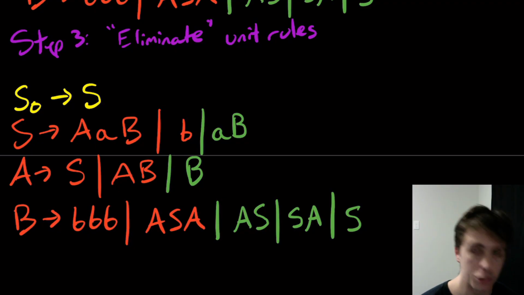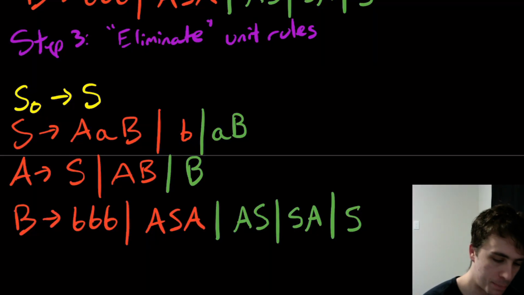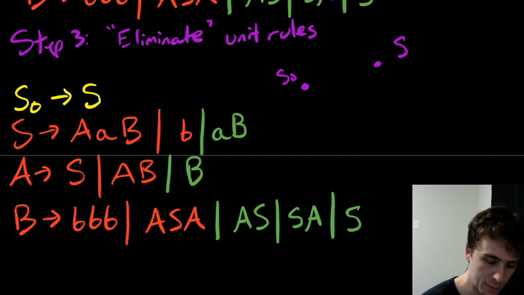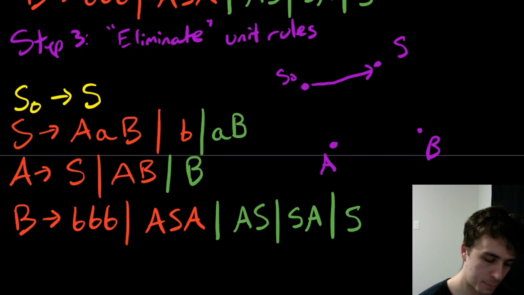So what we're going to do, as before, is make a directed graph, where the vertices are the variables, and we're going to make a directed edge from one to the other if there's a unit rule of that form. Since there are 4 variables, I'm going to make 4 nodes: S0, S, A, and B. Well, S0 goes to S as a rule, so I'm going to make that edge in there.